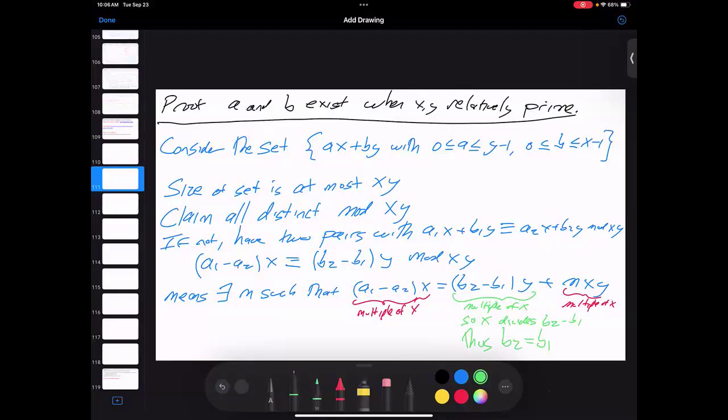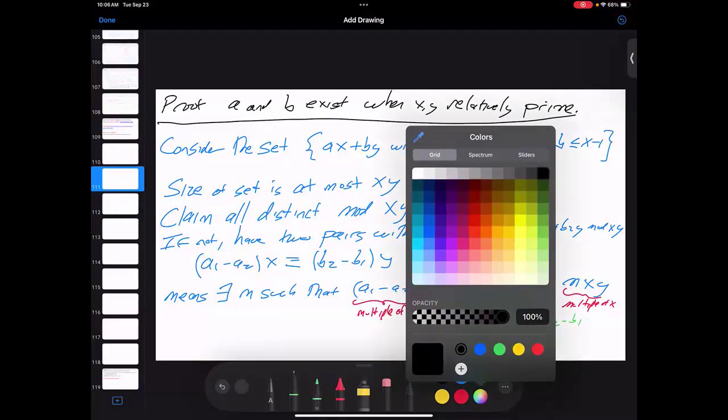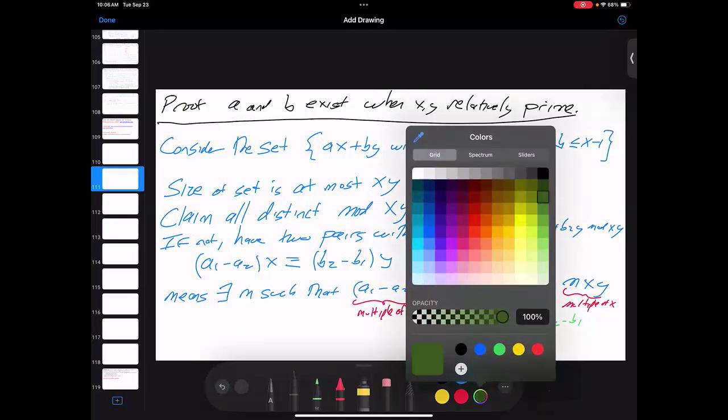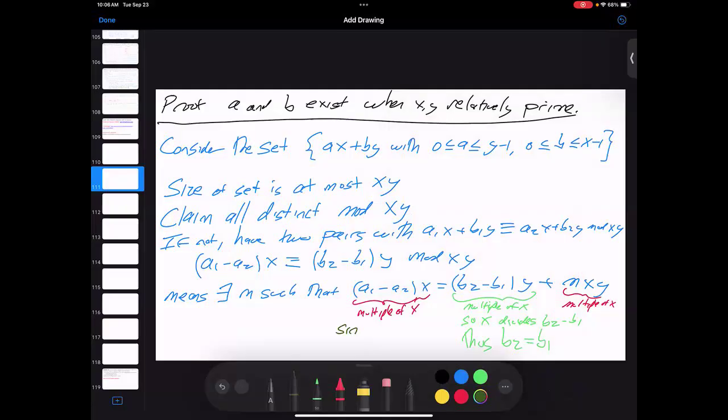Is there anything special about the b's and the y's versus the a's and the x's? So a similar argument gives what? So we just proved b2 equals b1. What do you think a similar argument is going to give about the a's? A2 equals a1.